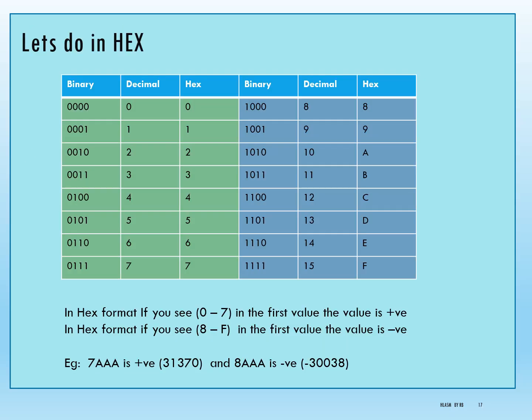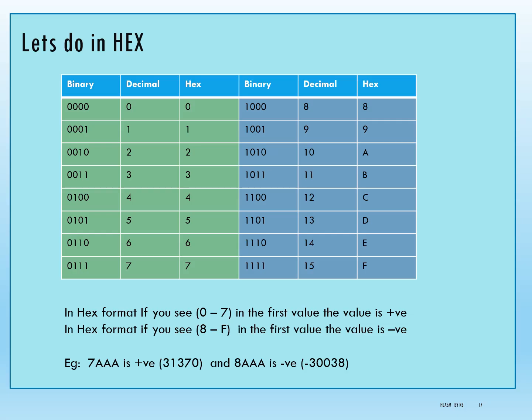So let us do this in hex. We are spending a lot of time on this because this is a little tricky subject. Let us notice this. If the leftmost bit is 0, then the hex digit could be anything from 0 to 7.